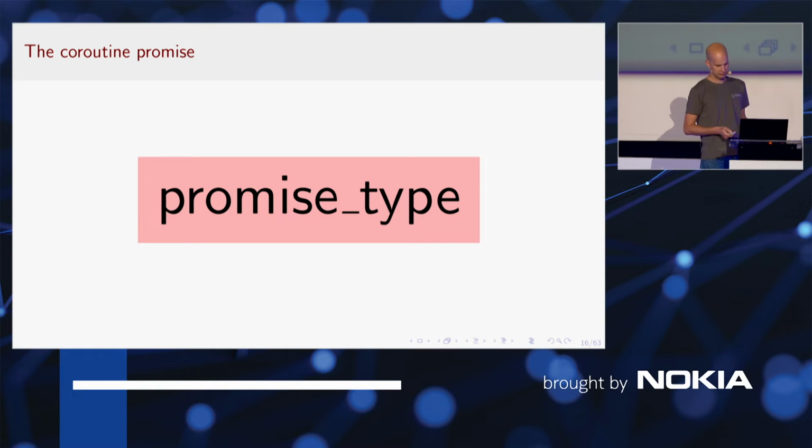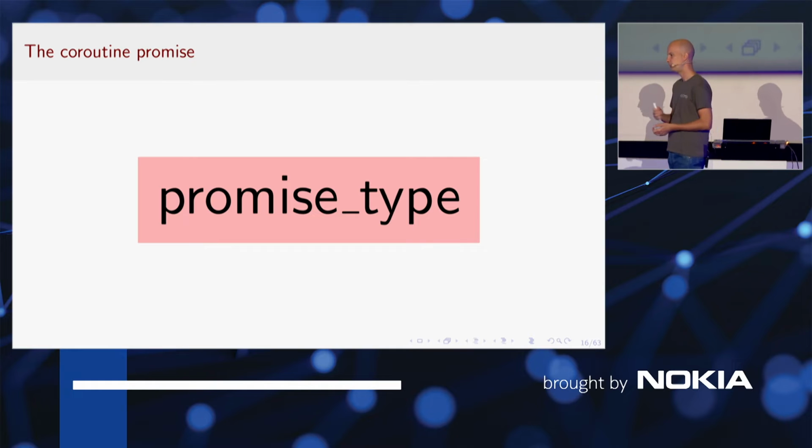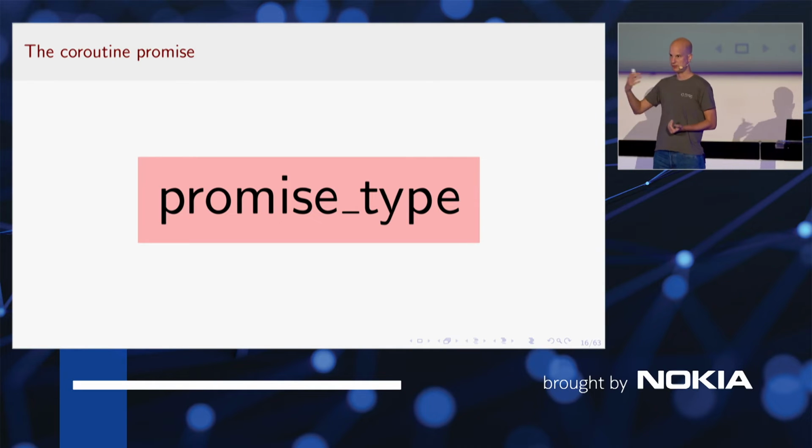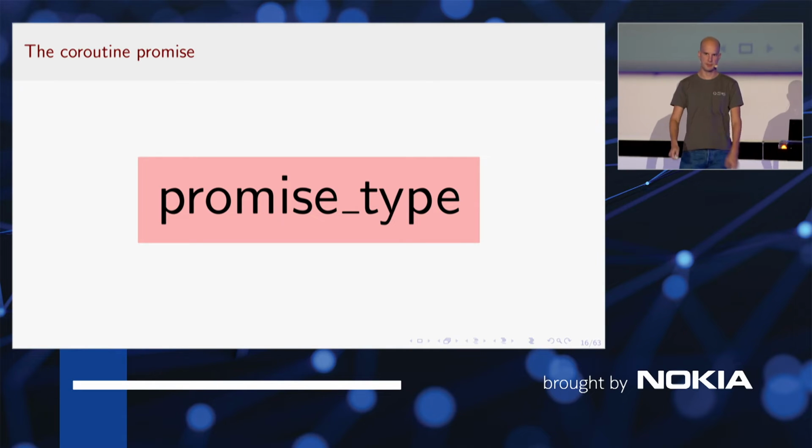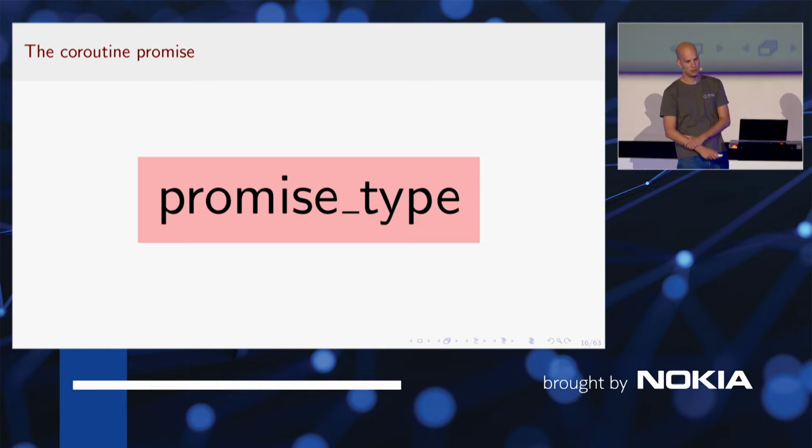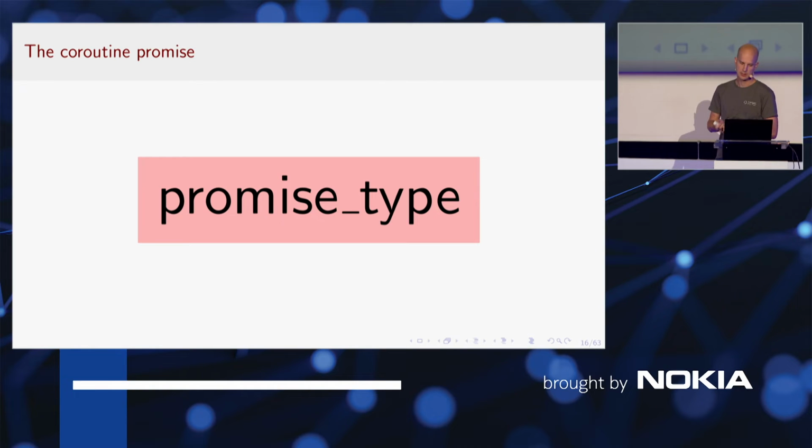It is a little bit special in that you will never actually see the promise type appear in the coroutine body because it is an object that is being created for you by the compiler, stored in a magical place, and you can only interact with it indirectly, and we will see how that works soon.